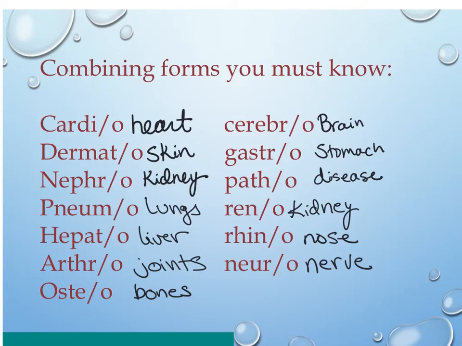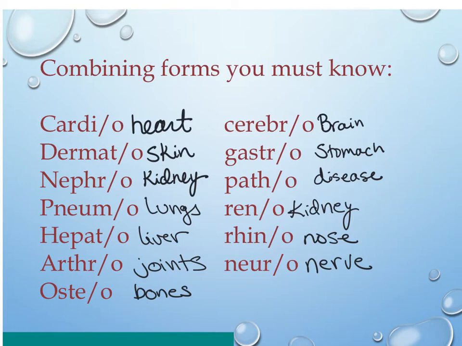Osteo is bones, cerebro is brain. You've seen the X-Men, it might give you a linking place for that one. So that's brain. Neuro is nerve. And then, gastro, stomach. Patho is disease. And then rhino is nose. So those are our combining forms.